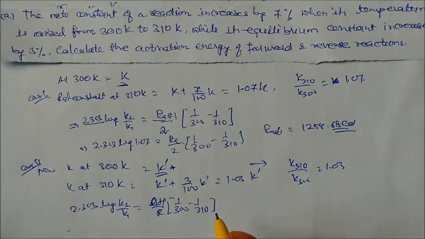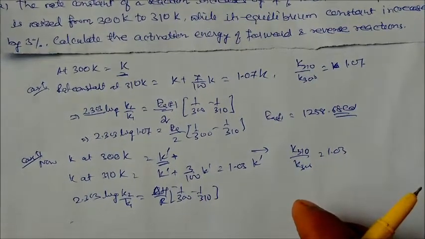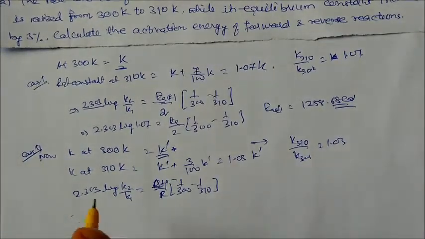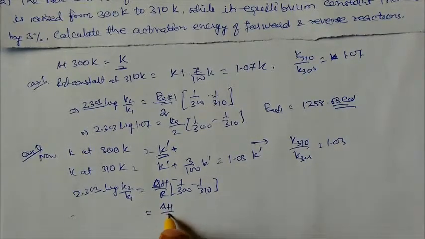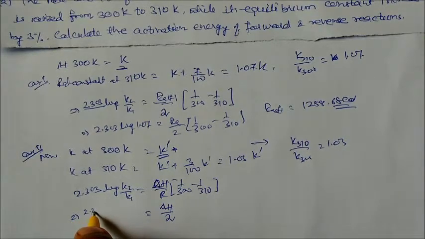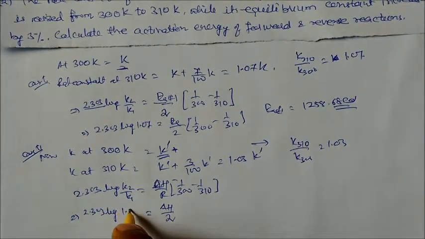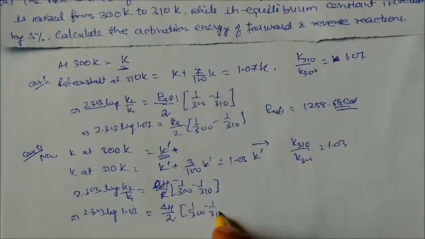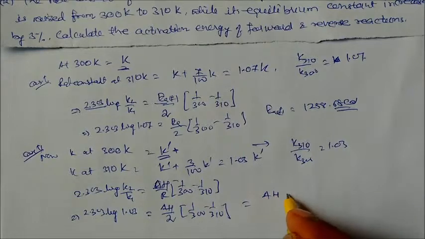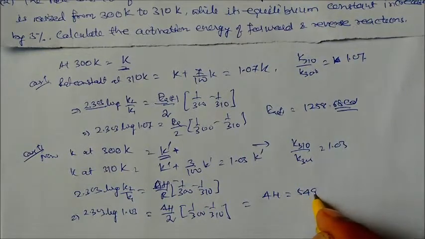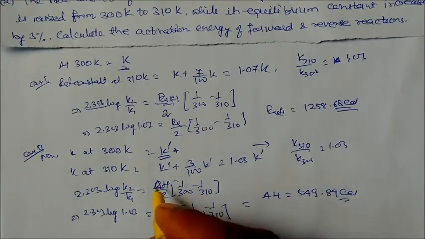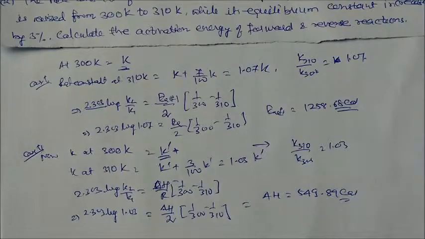Solving it, delta H by R into 2.303 log of 1.03 is equal to 1 by 300 minus 1 by 310. On solving, you will get delta H equal to 549.89 calorie. So this is the heat of reaction for the equilibrium constant.